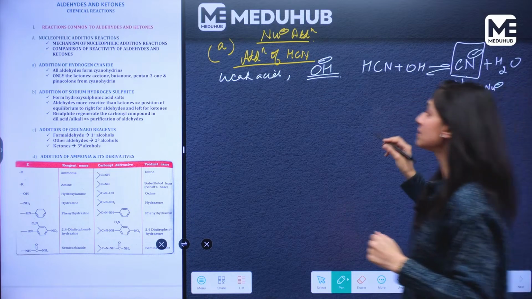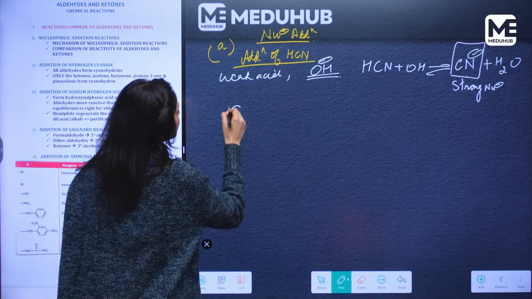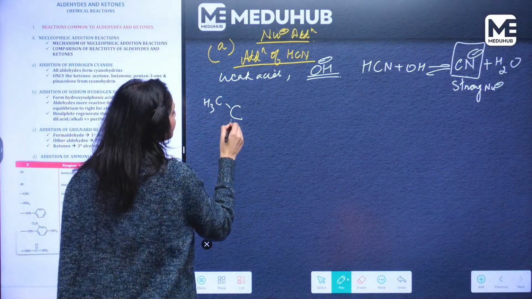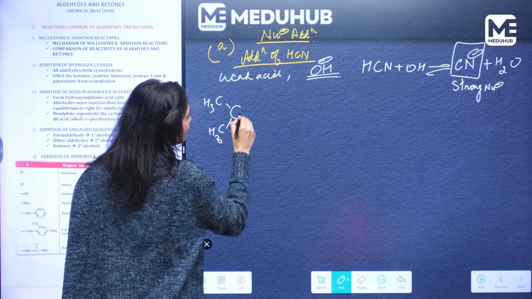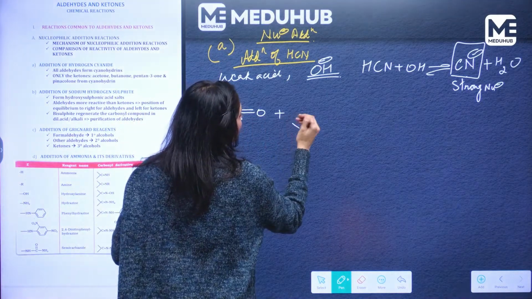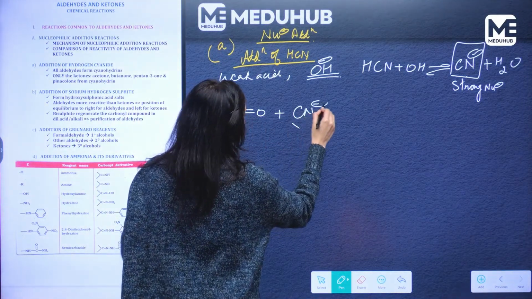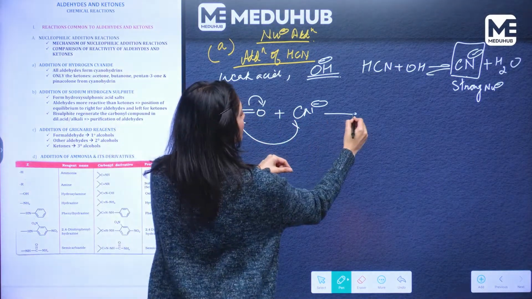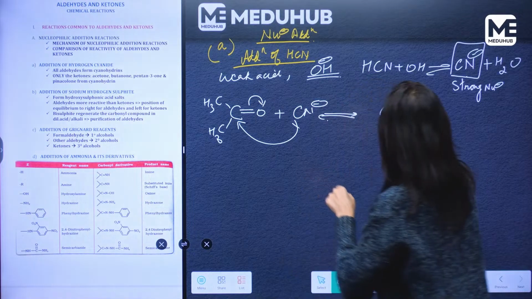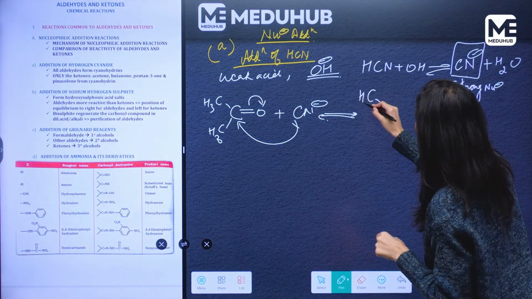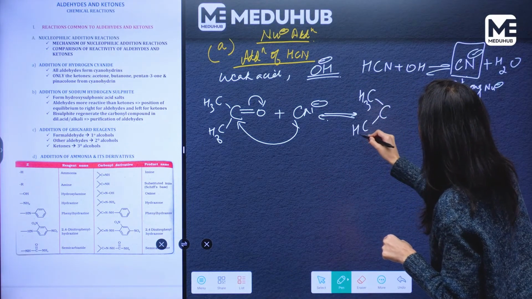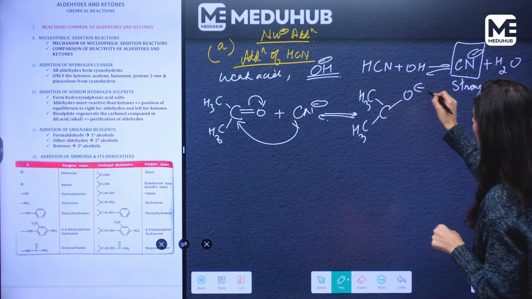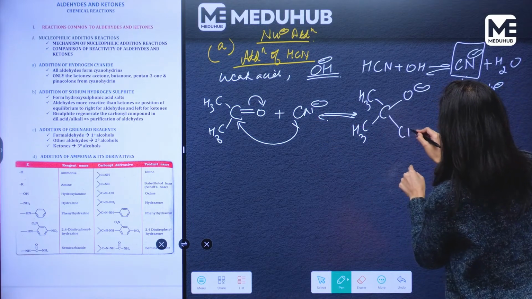This now attacks the carbonyl carbon. So if we have this here, plus CN minus, this will attack here, come here, and we will get this intermediate, O minus and CN.